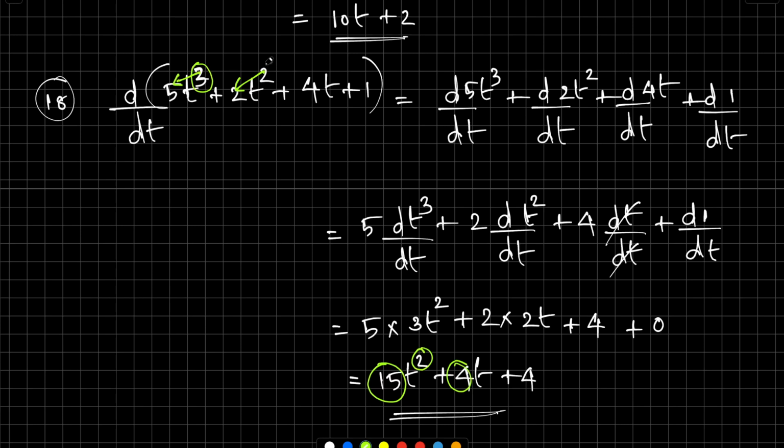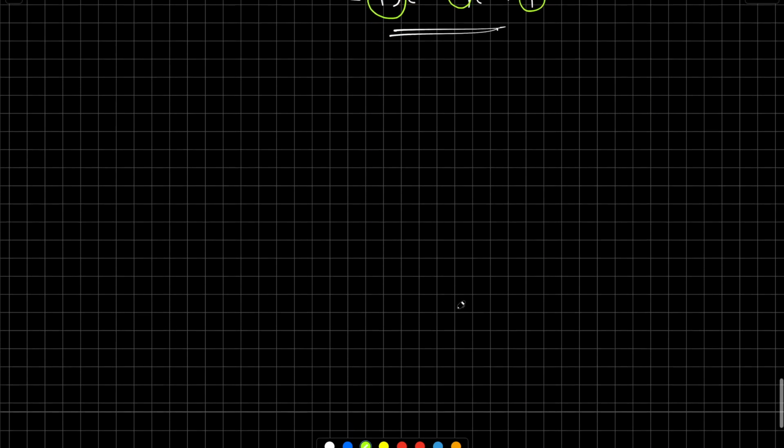Then reduce the power. 2 minus 1, which is 1 here. Okay, here the power is 1. 1 times 4 is 4. Then reduce the power. 1 minus 1 is 0, so t to the power of 0 is 1, so it's just 4. That's the shortcut. Okay, we're going to use the shortcut in the next problem.